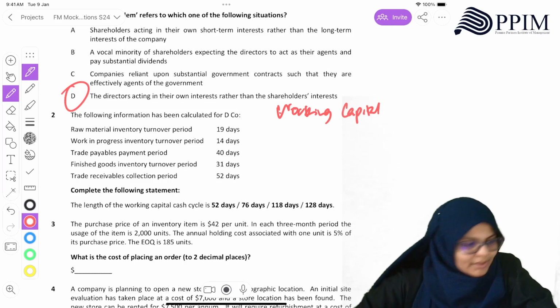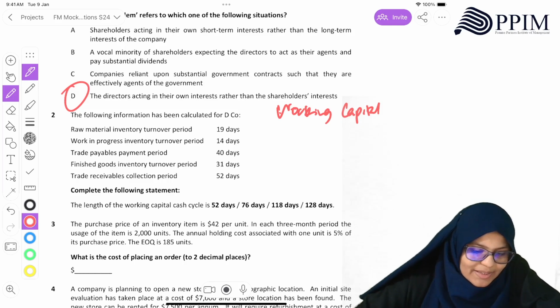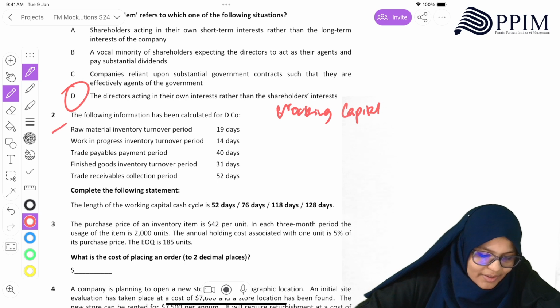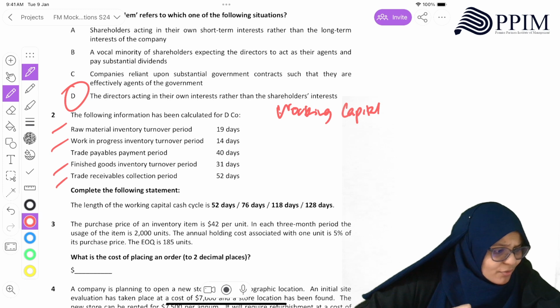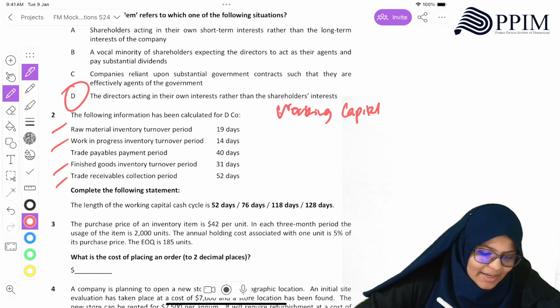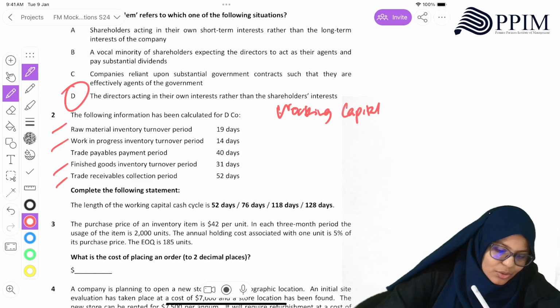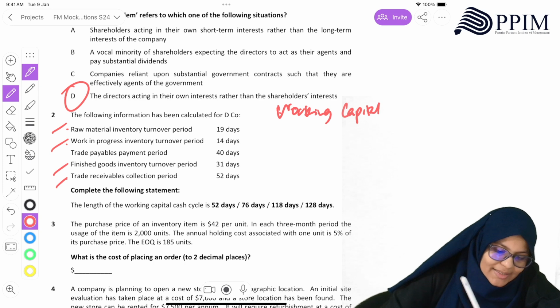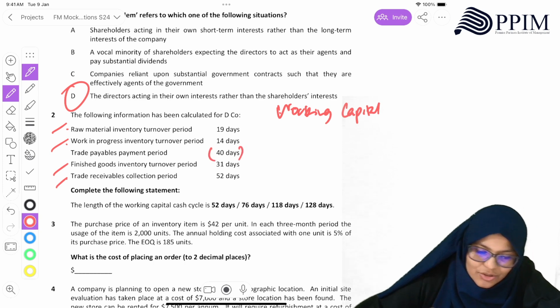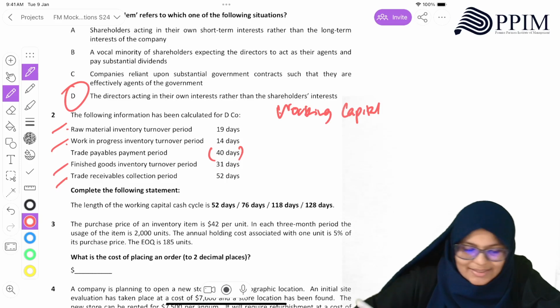Basically it is the raw material inventory plus the work in progress inventory plus the finished goods inventory plus the trade receivable collection period. From that you must deduct the trade payables payment period. The ones that I have marked in red have to be added, whereas the trade payables payment period has to be deducted. So that is the equation.